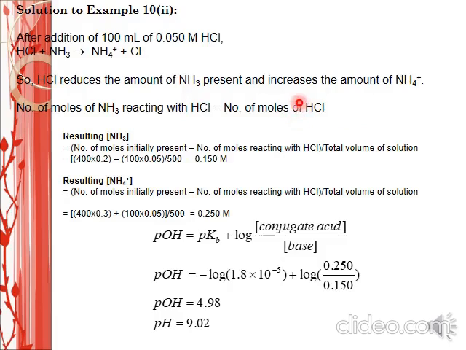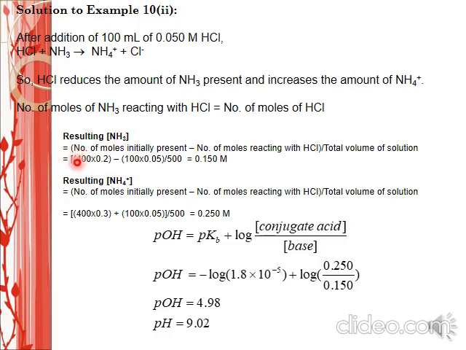So how to find the new concentration of ammonia? Remember, this one reduced just now, so minus. Number of mole initially present minus number of mole that reacted with the acid, and then you divide by total volume to find the new concentration.